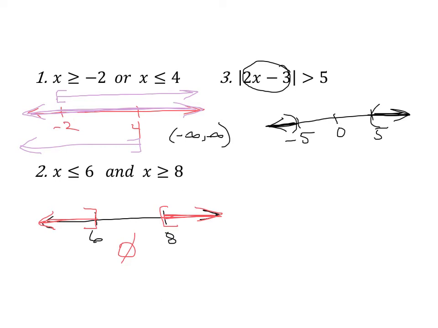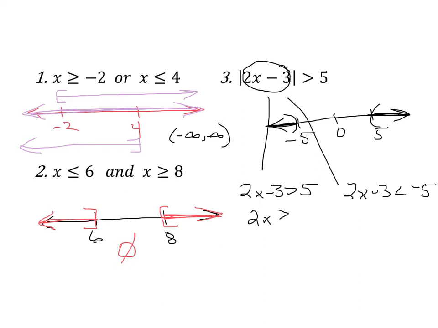So you write two equations. I'm going to bring them down like this. You write 2x minus 3, that distance is greater than 5, or 2x minus 3 is less than, and you look over here on the graph, less than negative 5, and then you solve for both cases.